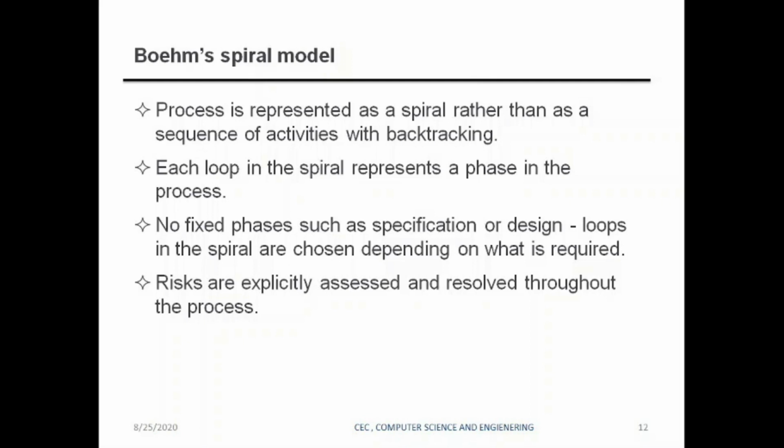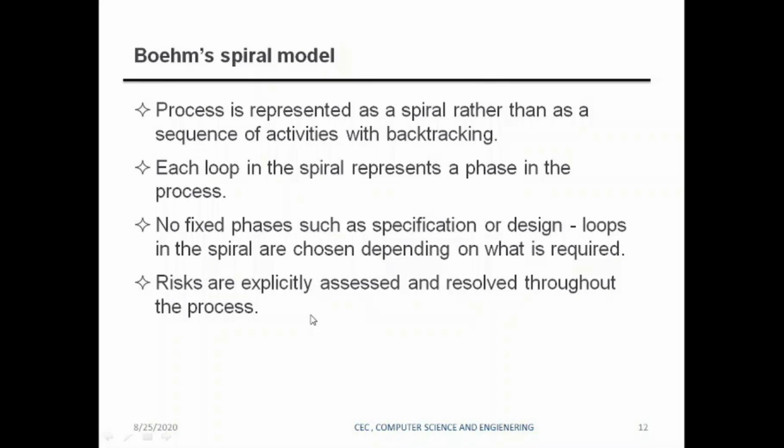Each loop in the spiral represents a phase in the process. There are no fixed phases such as specification or design; loops in the spiral are chosen depending upon what is required. Risks are explicitly assessed and resolved throughout the process. Risk is nothing but a problem or something wrong in the product, and that can be assessed and resolved throughout the process.